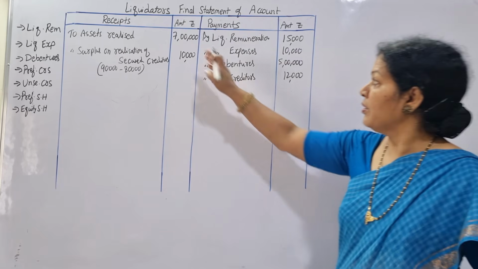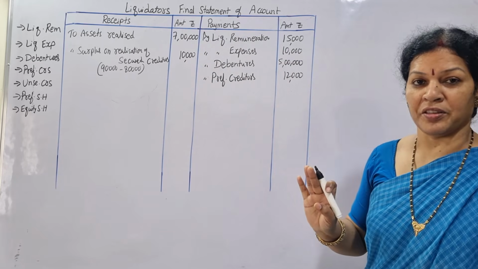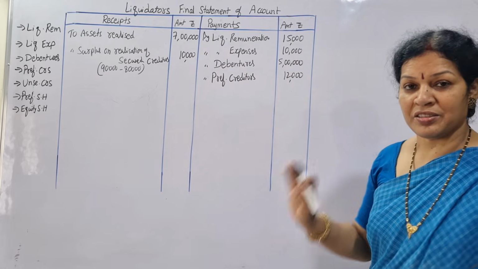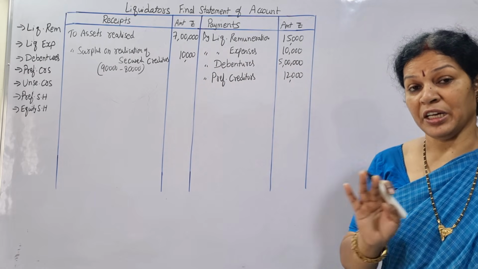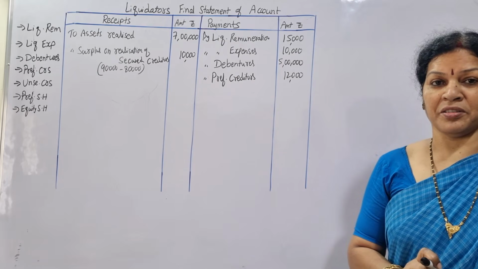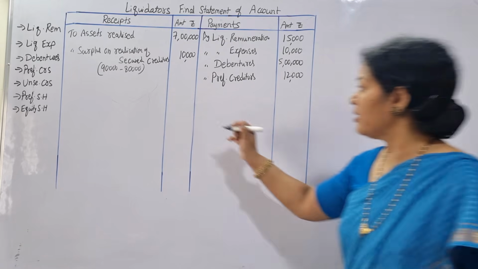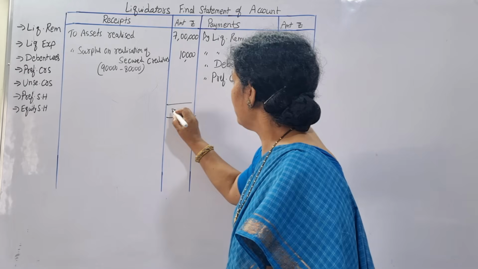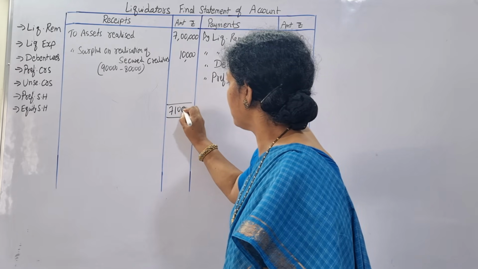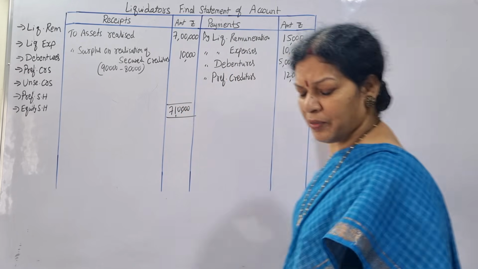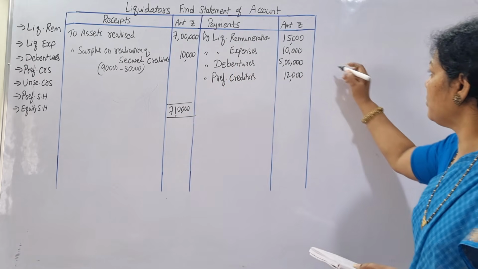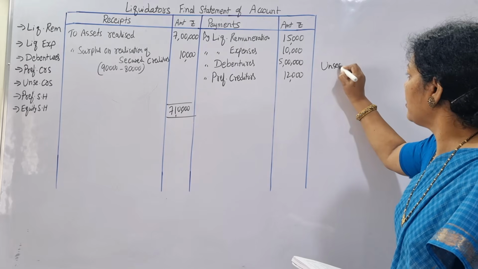But remember now, 7 lakh 10,000 is there. If you deduct all these things, whatever is left will be given to the unsecured creditors, because we don't have a sufficient amount. If you calculate, you'll come to know. Here it is 7 lakh 10,000. Unsecured creditors are how much? 3 lakh.